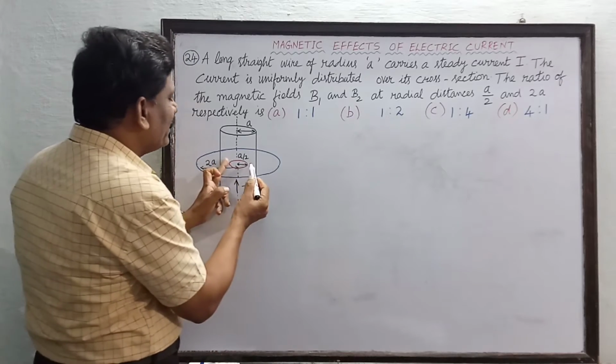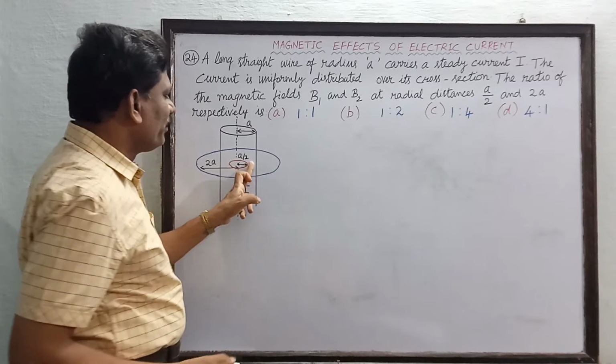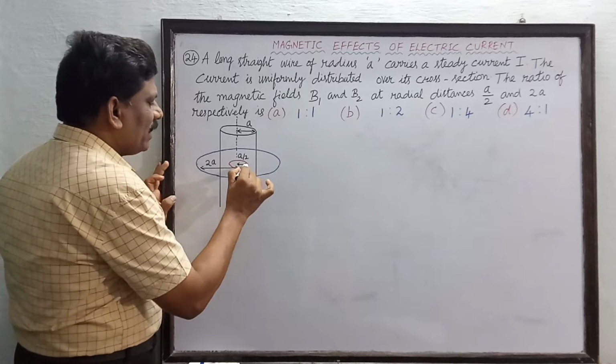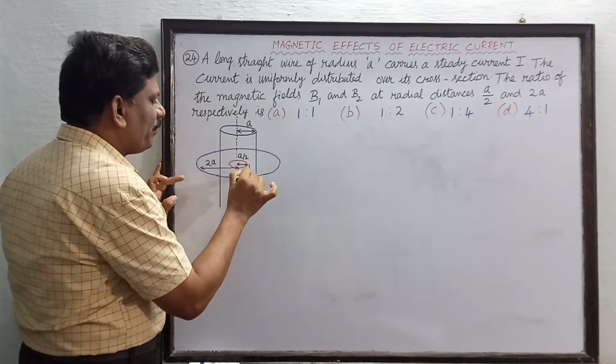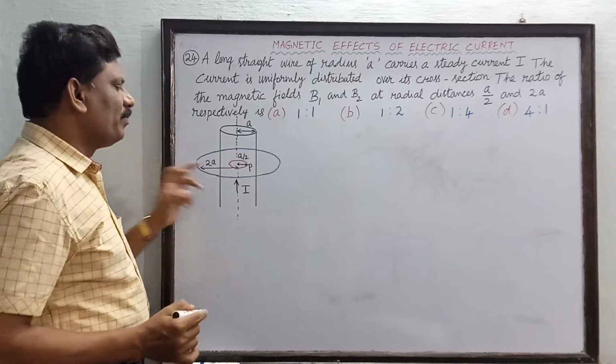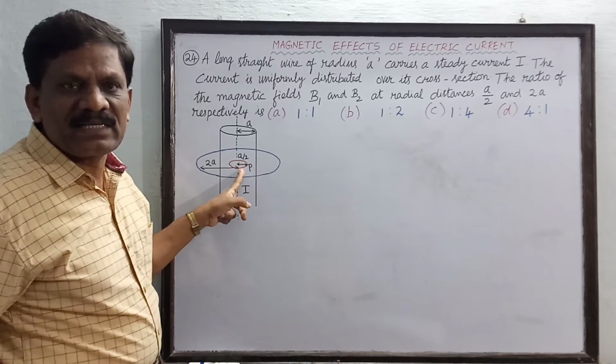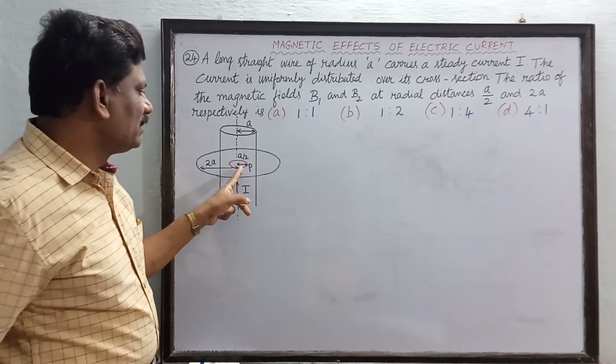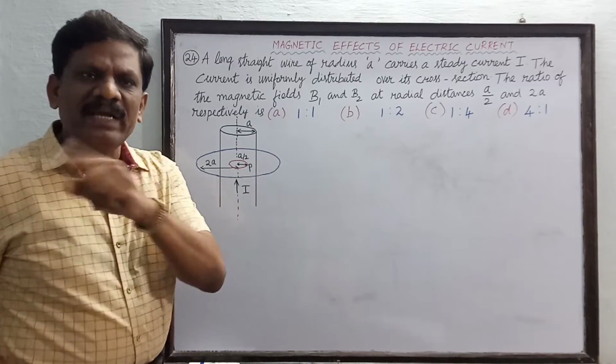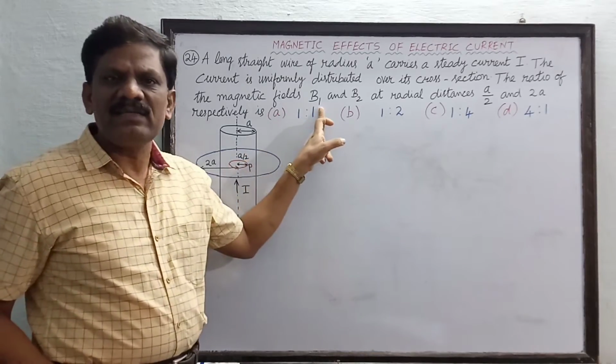Therefore you can see here, this is a by 2. At this point, I will take this point as P. So P is a point which is at a distance of a by 2 from the axis of the wire. At this point P, the magnetic field is taken as B1.